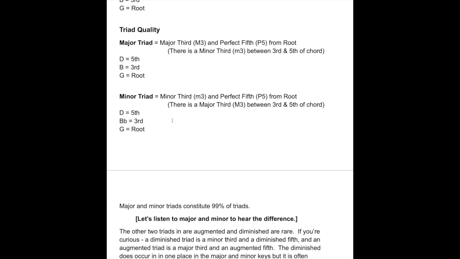Let's hear them again. I'll just use a different chord. I'll use A. So here's A major, and let's just listen to the sound of a major triad. And here's A minor triad. Major, minor.